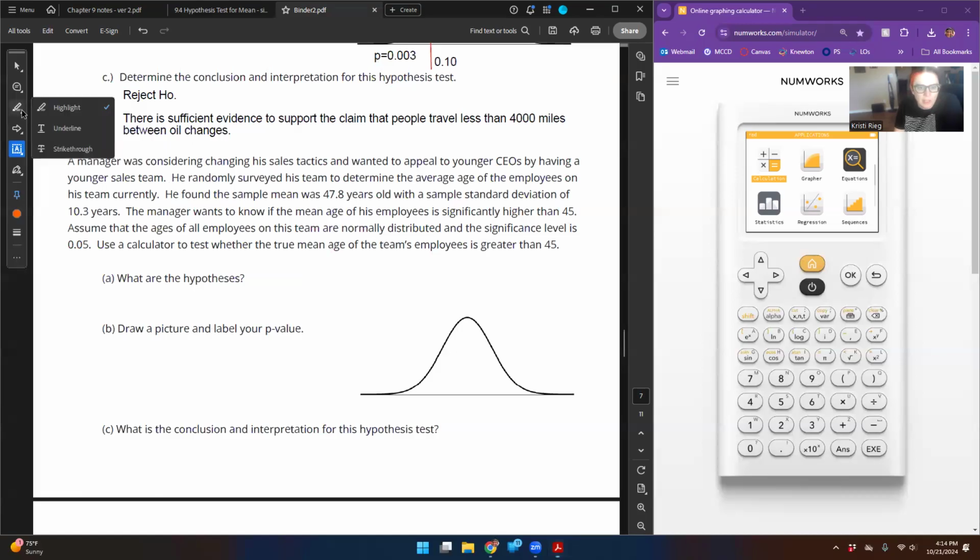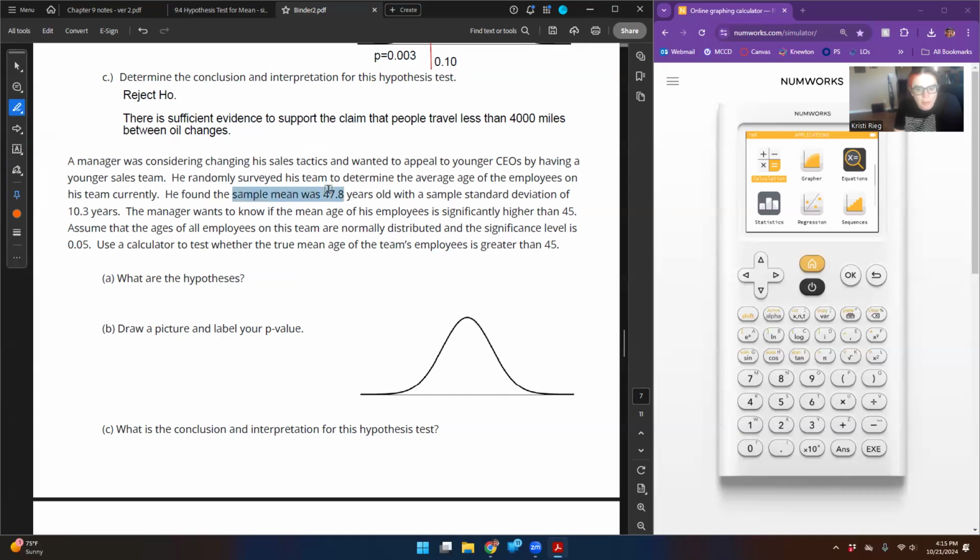And so it says the manager was considering changing his sales tactics and wanted to appeal to younger CEOs by having a younger team. He randomly surveyed his team and determined the average age of employees on his team currently.